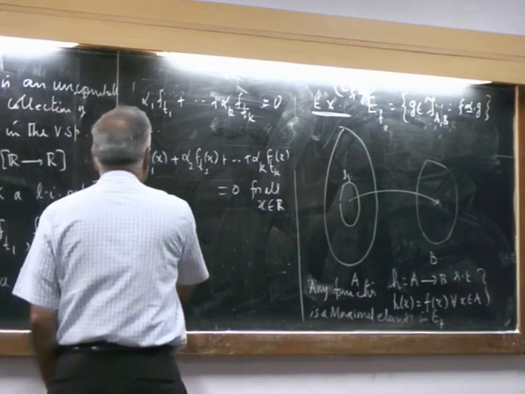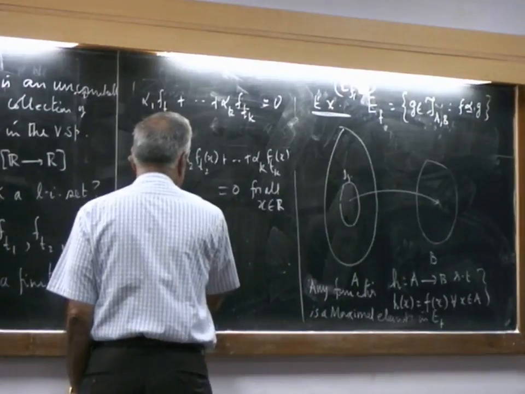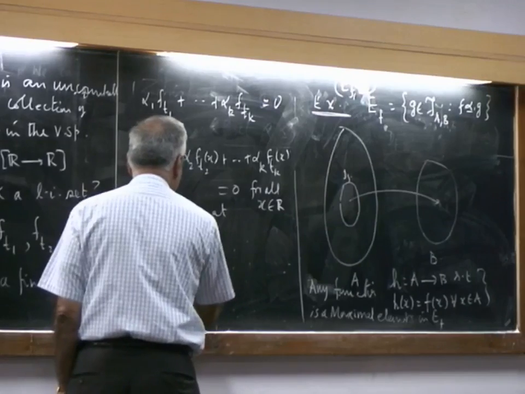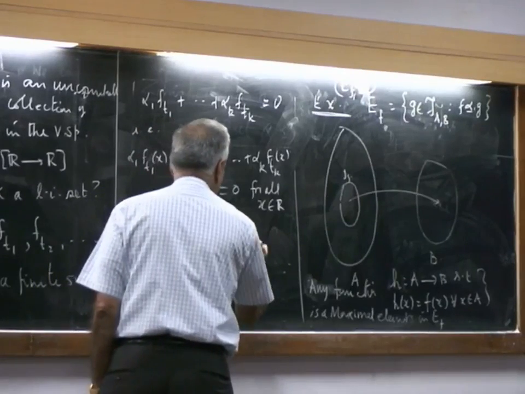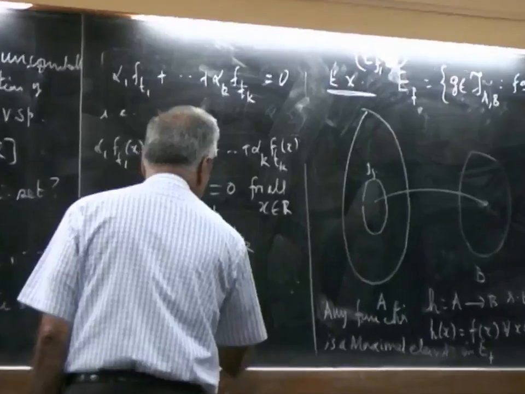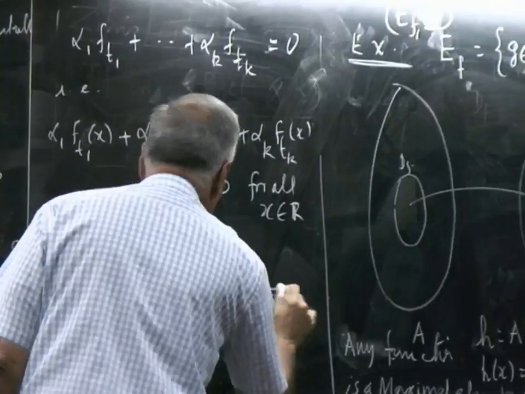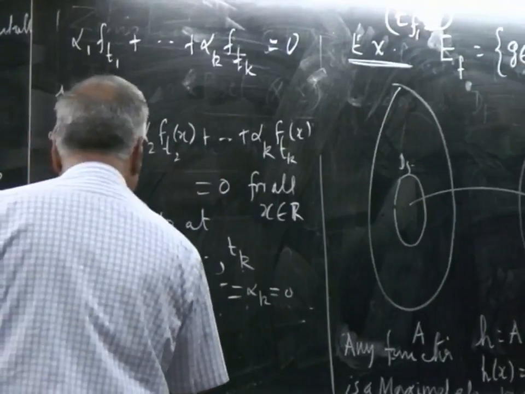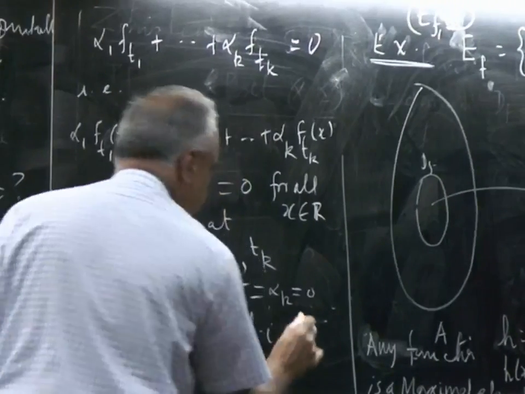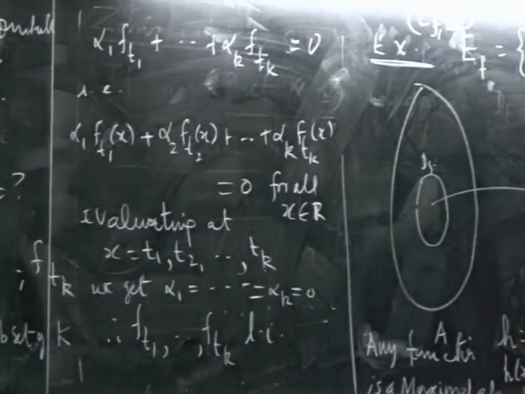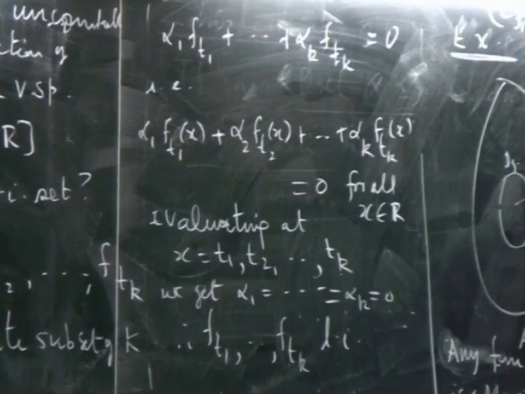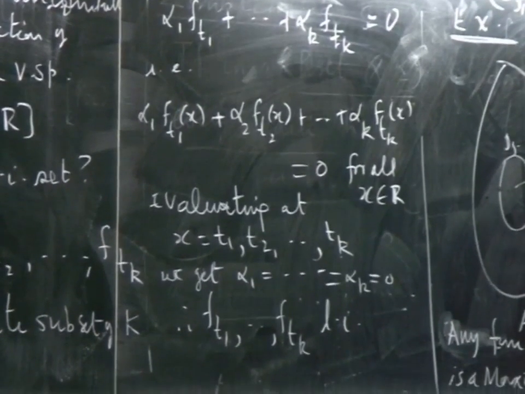So evaluating at x equal to t1, t2, ..., tk, we get alpha 1 equal to ... equal to alpha k equal to 0, and therefore f_t1, ..., f_tk are linearly independent. So every finite subset is linearly independent, and therefore that huge set is linearly independent.